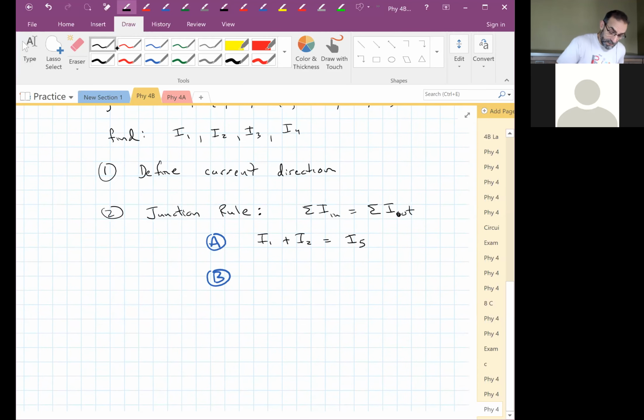I6 is I1 plus I2. So A tells us that I1 plus I2 is I5, and B tells us that I1 plus I2 is I6. So what did we just learn?